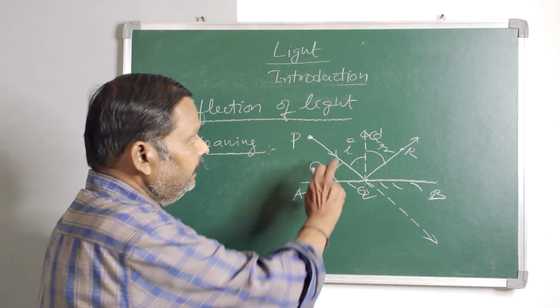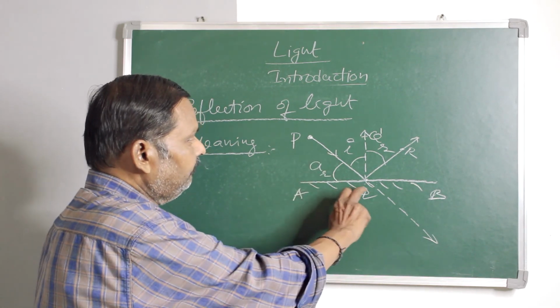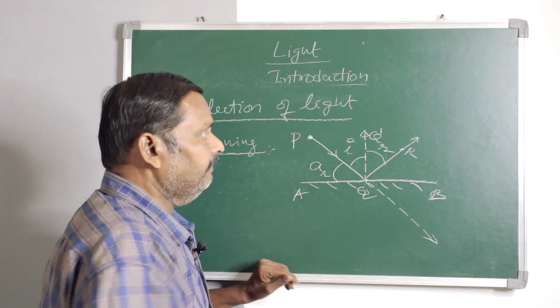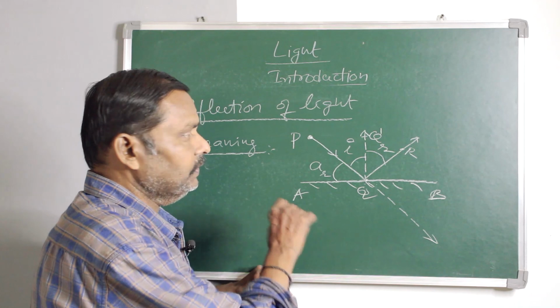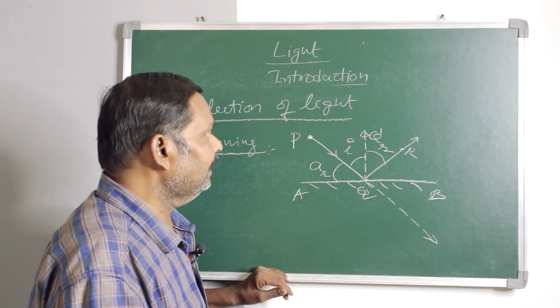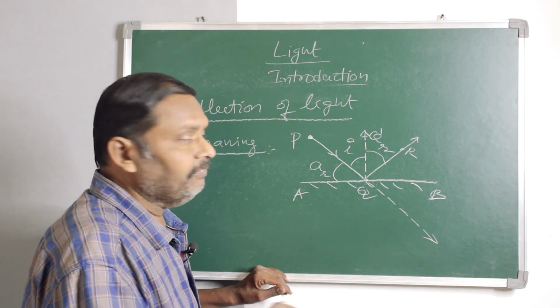Angle between incident ray and opaque surface is called angle of repose. These are the different points related to the reflection of light. Now after this, we will be discussing about the laws of reflection of light.